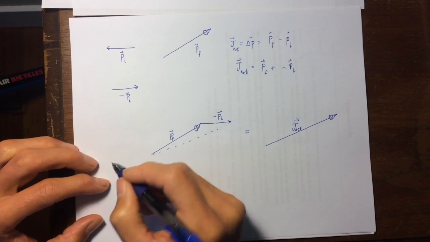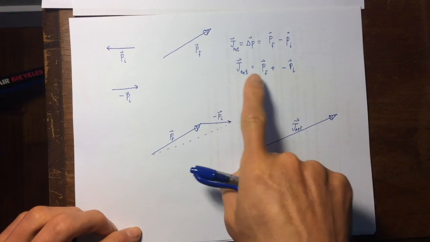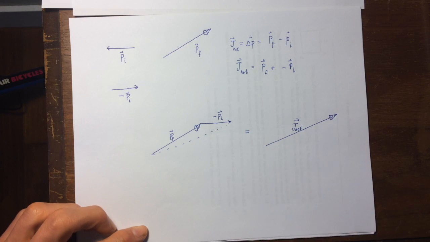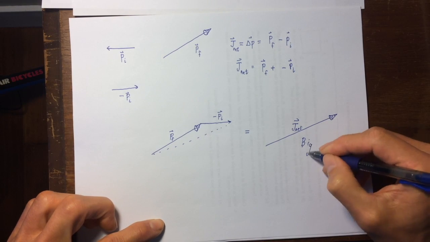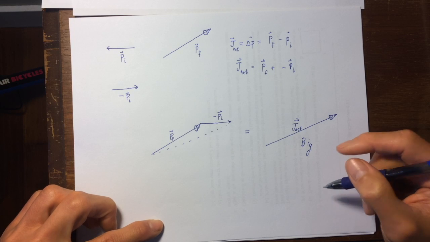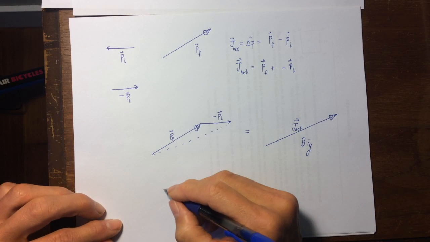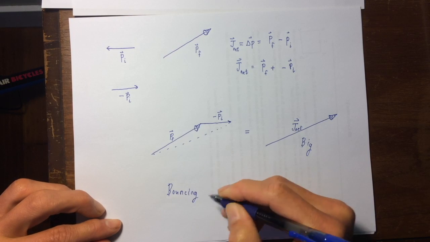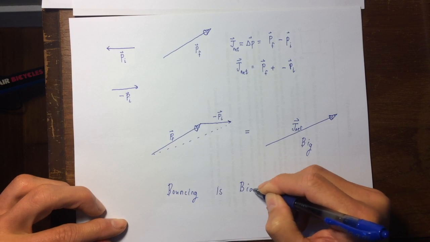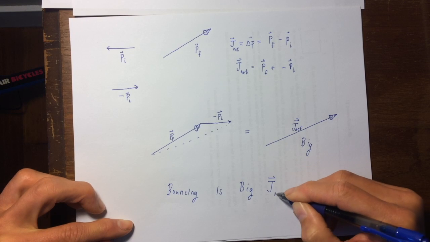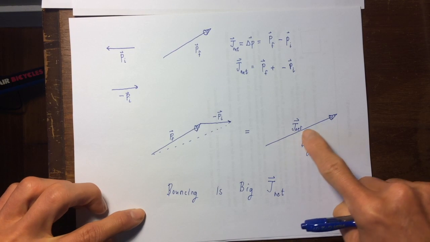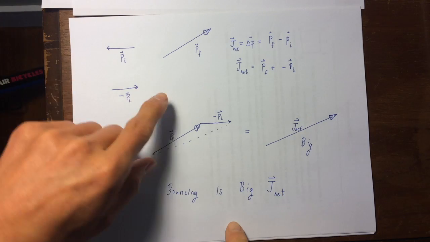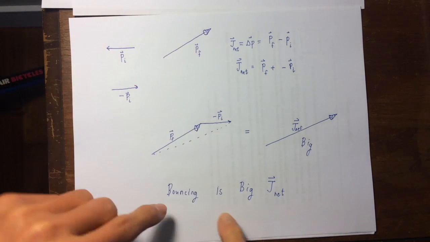That's the sum. Yeah, so jnet is pf plus the opposite of pi. That's the construction. This is jnet. It's big. The point of me saying that is when stuff bounces, you see this big jnet? It's because of a really large change. It's a change from left to right bouncing.